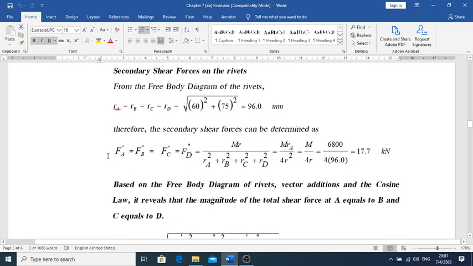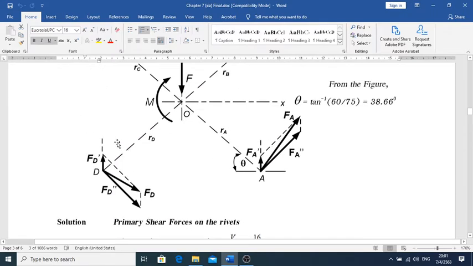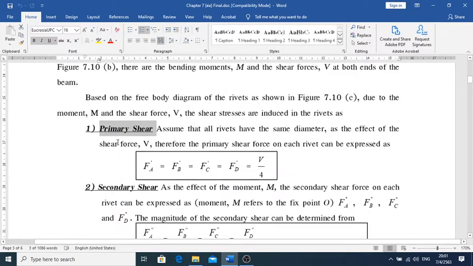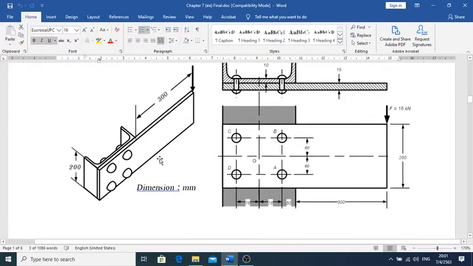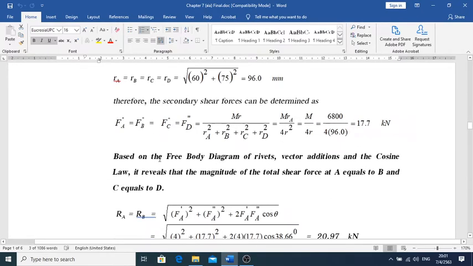And then we have a formulation on the above equation. We got F sub A double prime, F sub B double prime, F sub C double prime, F sub D double prime respectively, and we got it equal to 17.7.